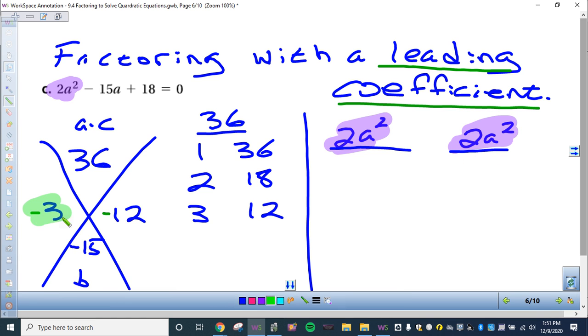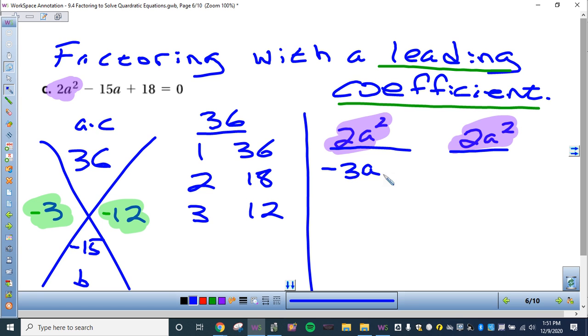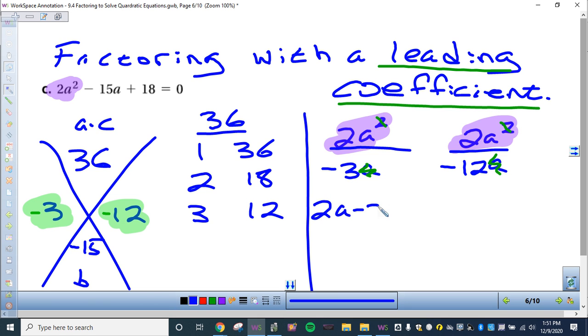And if you highlight things like the sides of the cross, you'll know where those came from as well. You just have to remember to add that a to the denominator. And then we just reduce the fractions. So the squared and the a always cancel. So our first parenthesis is set, 2a minus 3.